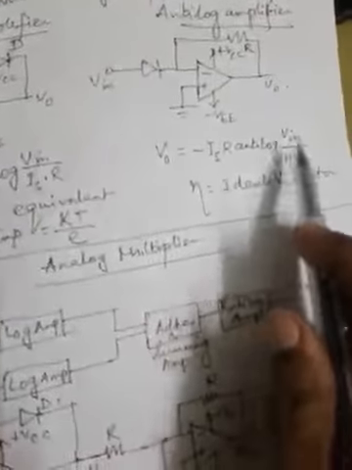We have seen earlier, you can see the expression for the anti-log amplifier: minus Is into R anti-log V in by eta Vt. So this is the expression.